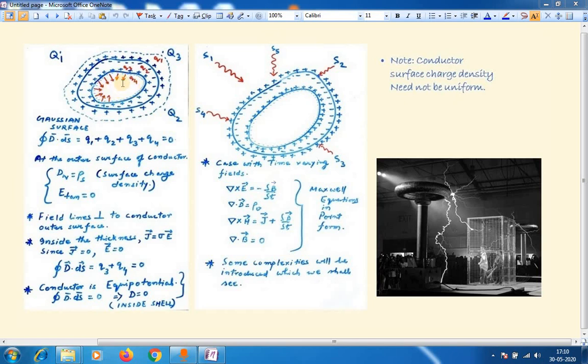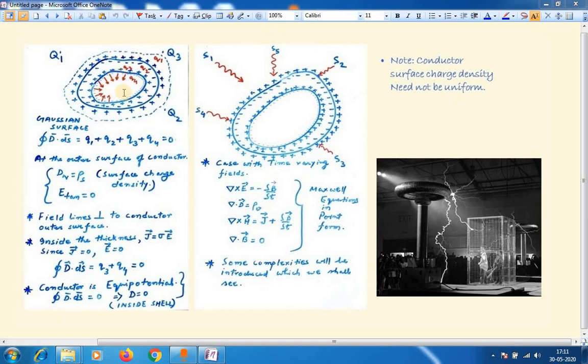D has to be 0 everywhere within this region. So this is how we can explain the Faraday cage principle, that the electric field inside a hollow conductor or a conducting body is 0.